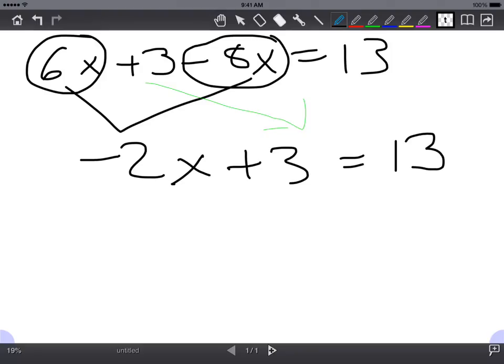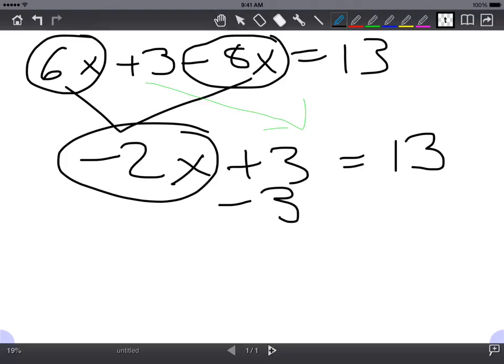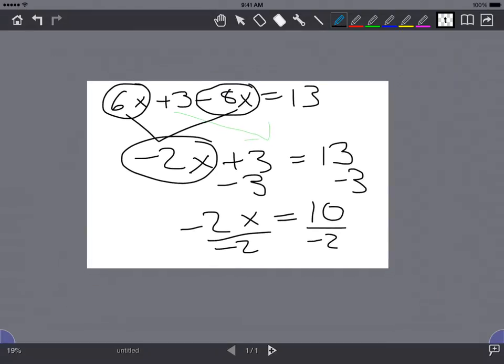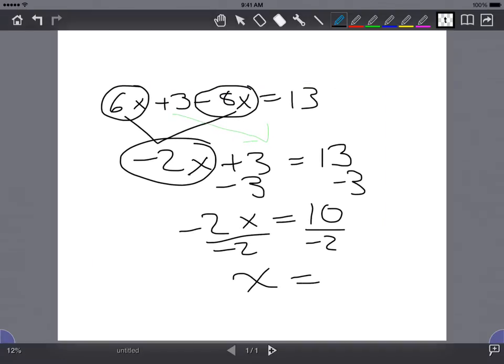Now we need to isolate the x, so we'll subtract 3 because it's the opposite of adding to both sides. Remember, do what you do to one side to the other, and then we get negative 2x equals 10. Divide by negative 2, and you get x equals negative 5.